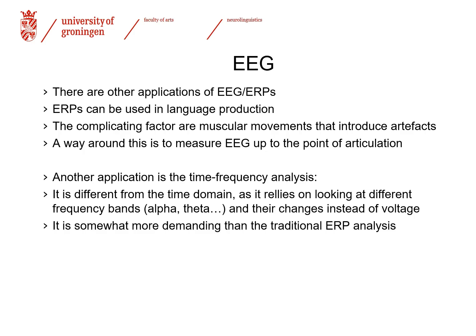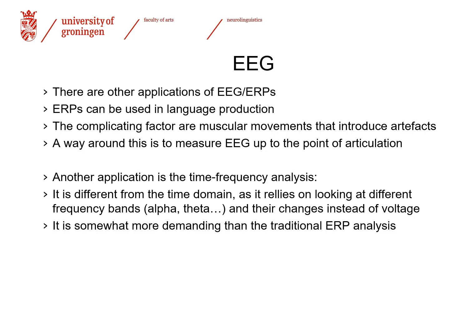Now, there are a few other applications of EEG, but another one that is very well known is the so-called time frequency analysis. ERPs are the so-called time domain application of EEG, but we can also look into the time frequency domain, which looks into different frequency bands, such as the alpha and theta bands, and their changes, instead of looking at the changes of voltage that represents the electrical brain activity.